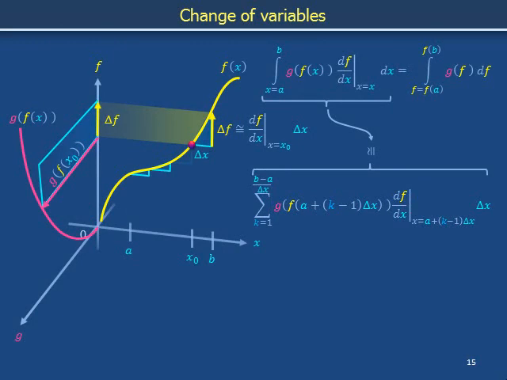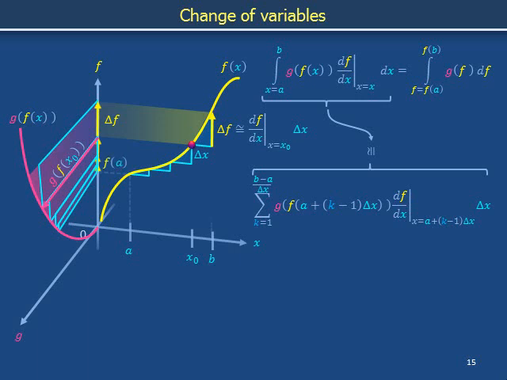Specify boundaries at x equals a and x equals b to obtain a bunch of yellow arrows. Generate corresponding rectangles and add their areas to get an approximation of the pink shaded area. Calculating the area of the pink shaded region is equivalent to performing the sum from k equals 1 to b minus a, that quantity over delta x, of g times df dx times delta x.